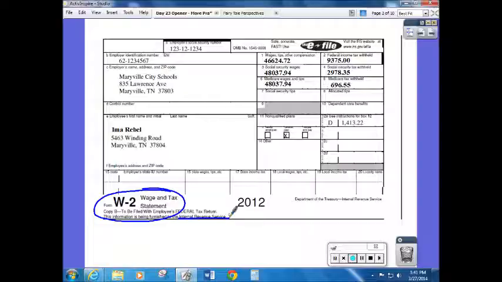It looks like Miss Rebel's employer is Maryville City Schools. You'll see her social security number on it. But here's what you need to be looking for: wages, tips, and other compensation. That's how much taxable money she earned in the calendar year. Box 2 shows us the federal income tax withheld.